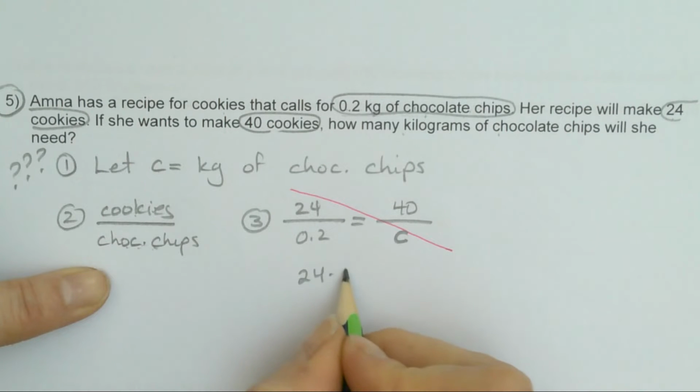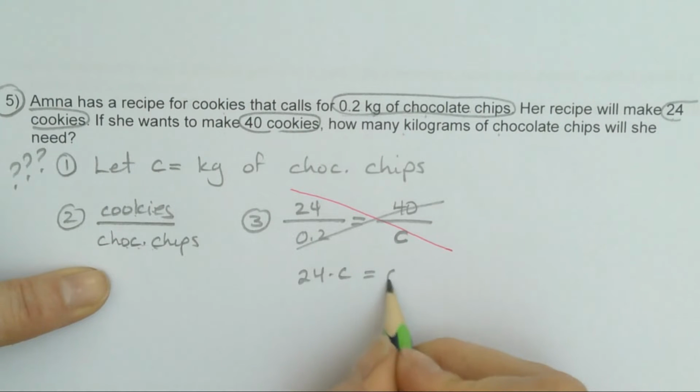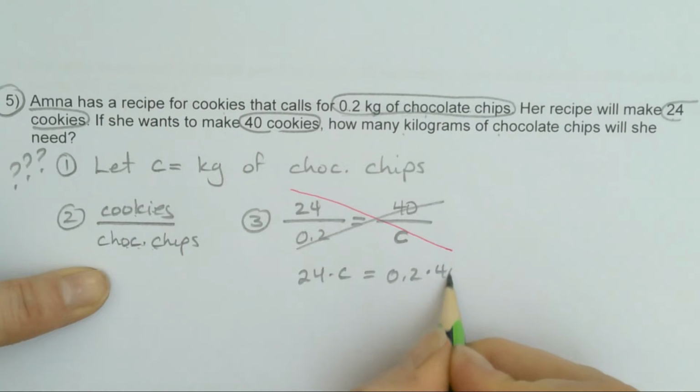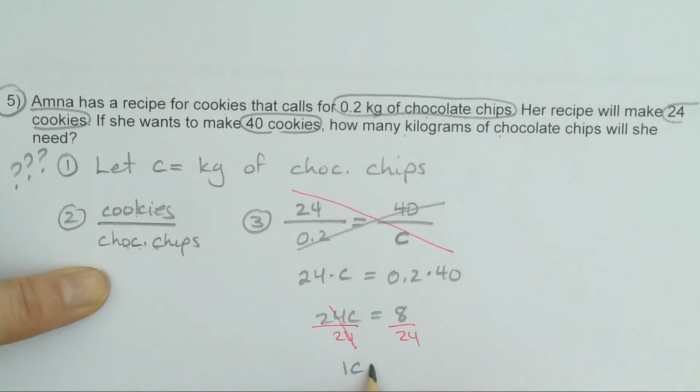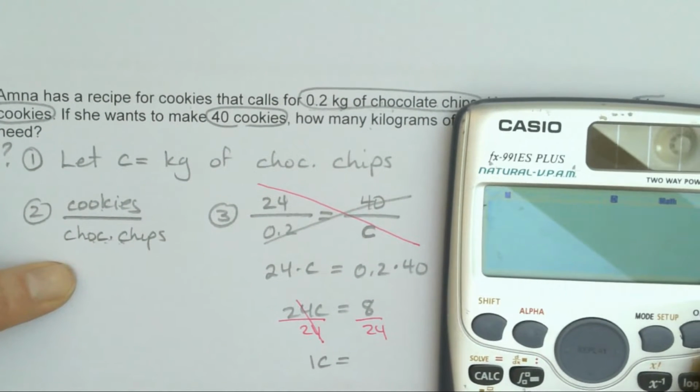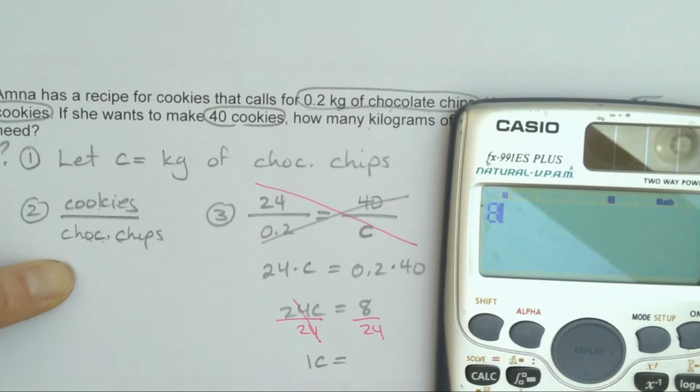24 times C equals 0.2 times 40. That's 24C equals 8. C wants to be alone, so get rid of the 24. So 1C equals, what's that on my calculator? 8 divided by 24.